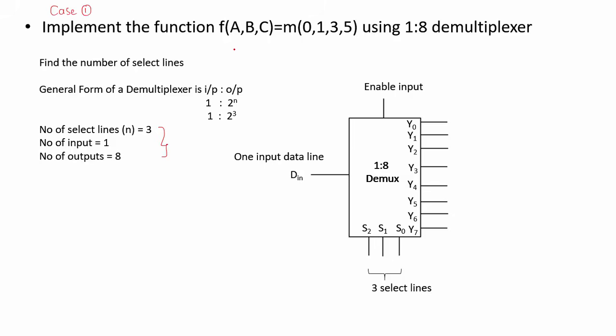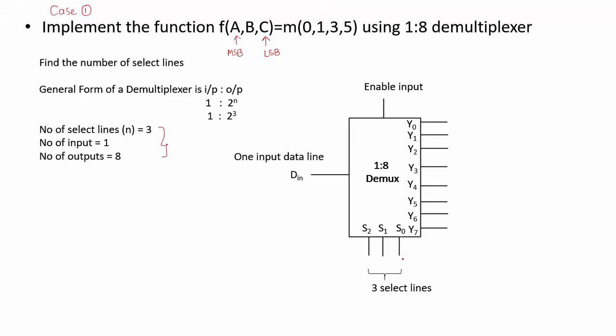So when the number of input variables is equal to the number of select lines of the given demultiplexer, then you can straight away go ahead and connect each of the select lines to a particular input line. So here A is the MSB and C is the LSB.